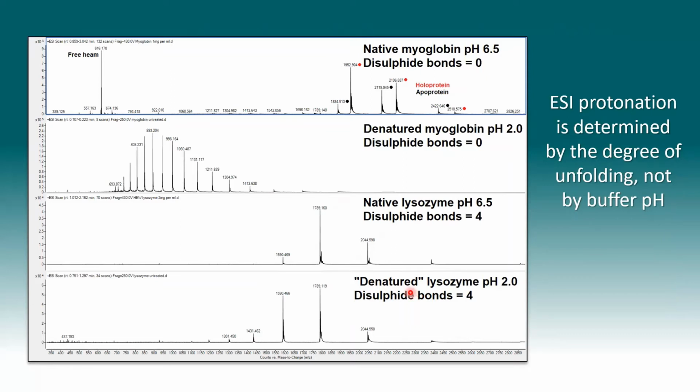So what this tells you is the protonation state is determined by the degree of unfolding, not by the buffer pH. Of course, the buffer pH can influence the degree of unfolding, but that's not the primary determinant of the charging. The primary determinant of charging is the surface area.